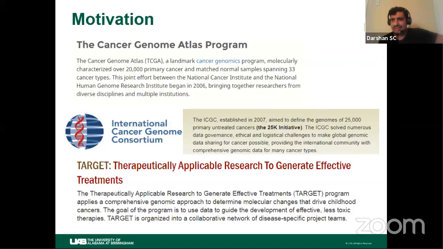Other than this, there are multiple projects currently underway, and they're unearthing new discoveries. When I began with cancer data analysis, one of the first projects that stuck in my mind at that time was the Cancer Genome Atlas program, because it was about to end in 2015-16, and they were releasing the data for the public to use.